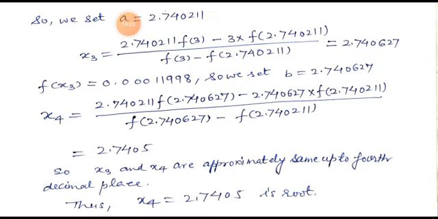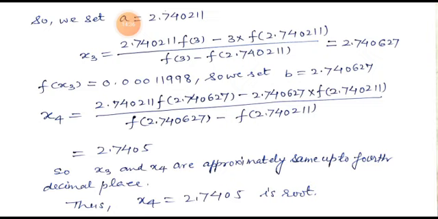For the next iteration we have to compare the values of x3 and x4. In this case x3 is 2.740627 and the value of x4 is 2.7405. So these two values are nearly the same.